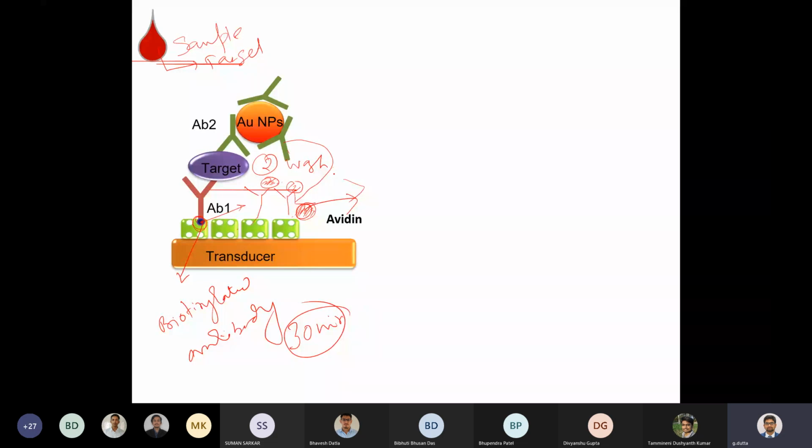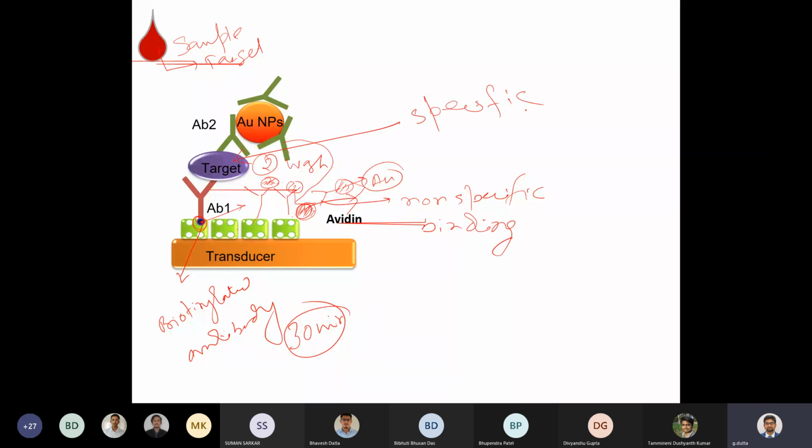Then some secondary antibody can be here because of this antigen, and this antibody is gold nanoparticle conjugated. So this is non-specific binding, and this one, which is target and gold nano conjugated, is the specific binding.